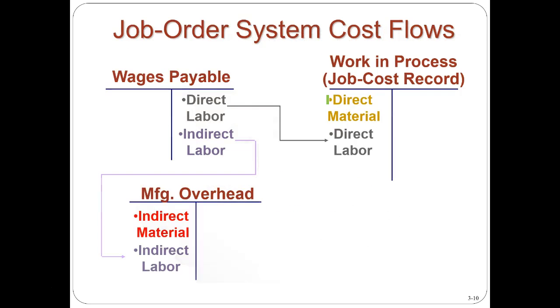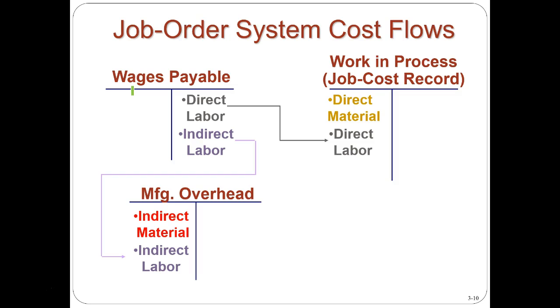Okay, so now we're going to look at the direct labor. When we talked about a service company, when we process payroll, you can think about it as we used to debit payroll expense and credit cash or wages payable.